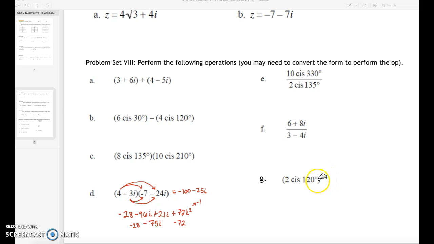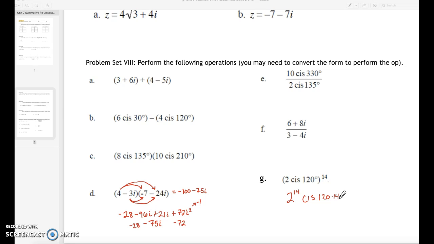Here we've got something really nice going on, de Moivre's theorem. Look that one back up on Google, but you can basically raise your 2 to the 14th power, and then that's going to be times CIS 120 times 14. So in your calculator you can quickly multiply 120 times 14, and then essentially take 360 away from it to get an angle between 0 and 360.